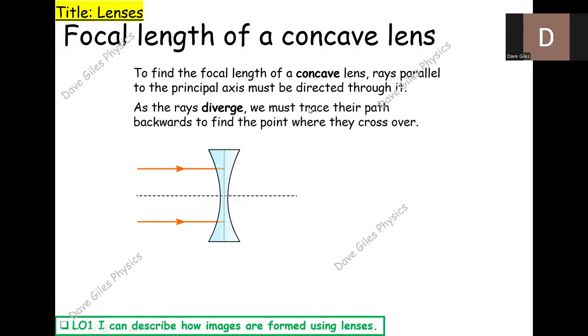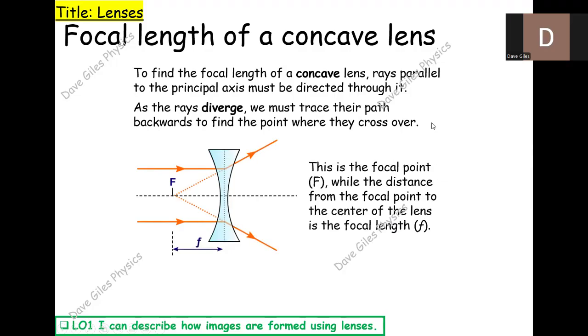As the rays diverge, we must trace their path backwards to find the point where they cross over. So this here is the focal point, while the distance from the focal point to the center of the lens is the focal length, just like with a convex lens like we looked at previously.